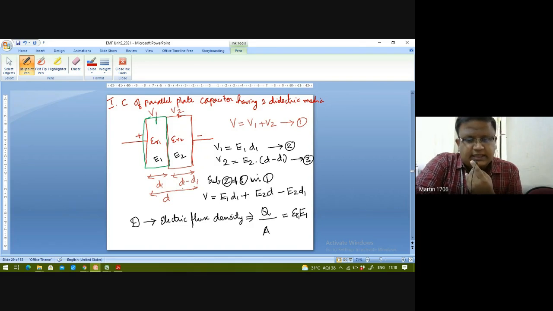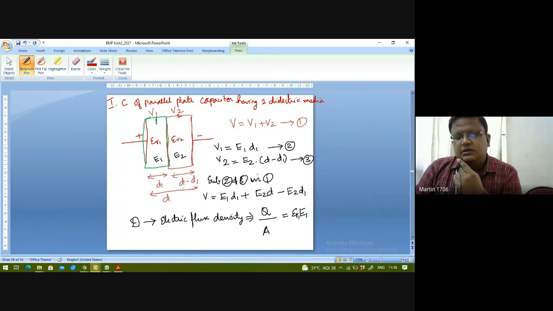And what is the dielectric flux density? Why we relate the flux density here: whenever the potential is applied to these electronic devices, the flow of electrons will conduct. Then it induces the flux, and due to the flux, the electromotive force will be developed.